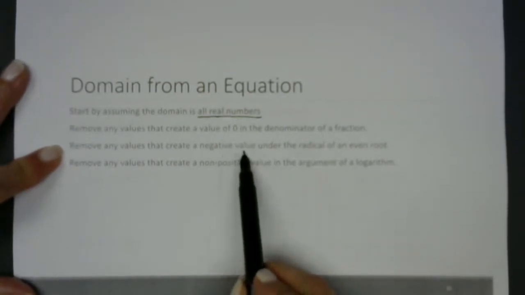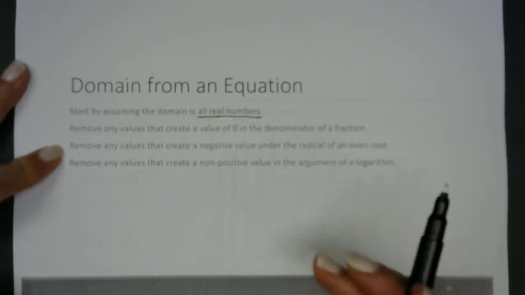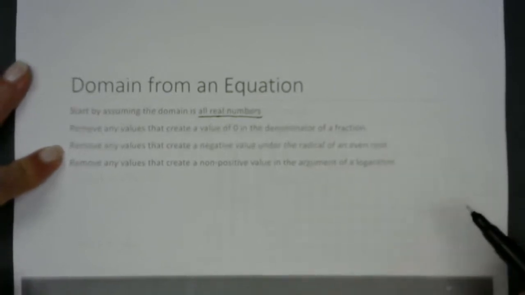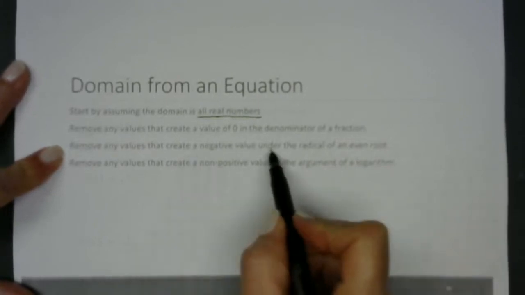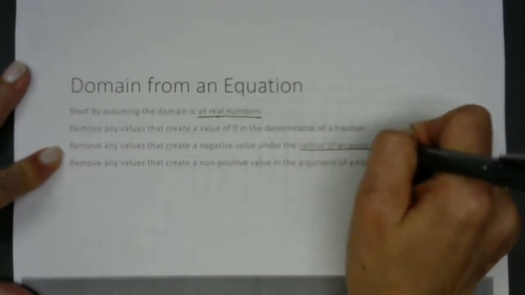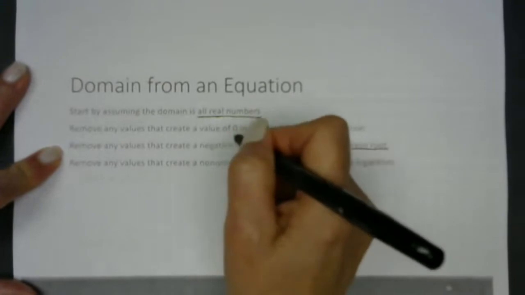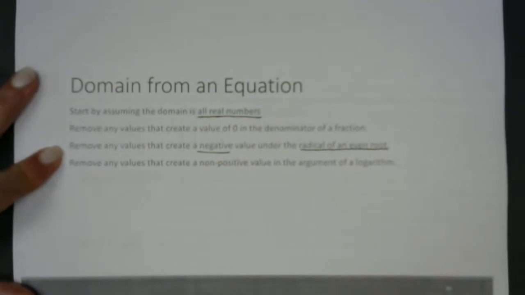If there's a negative radicand, like say the square root of -4, what is the square root of -4? I can't determine what that is without introducing an imaginary number. We don't do that with functions. So if there are any radicals of an even root, like square root or fourth root, I have to make sure that any values that make a negative radicand are removed. They would also be excluded values.